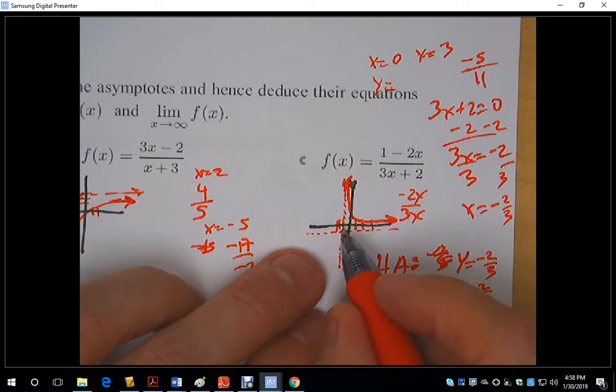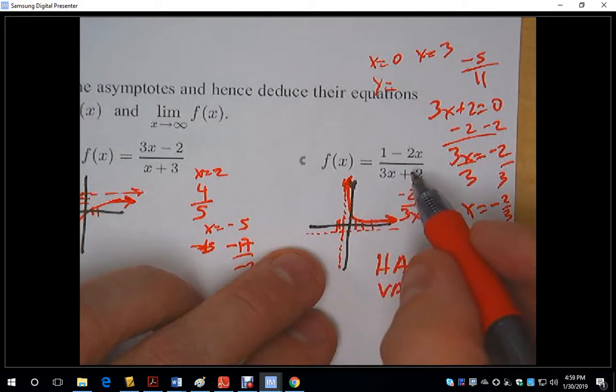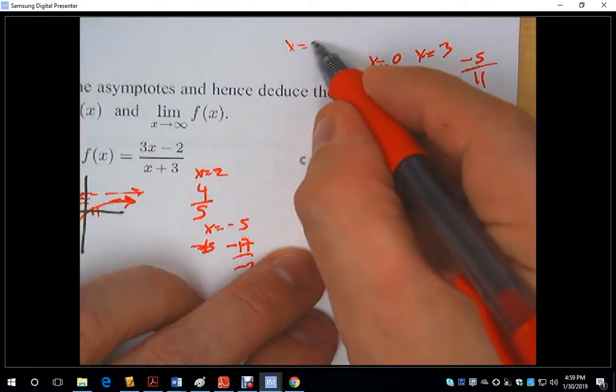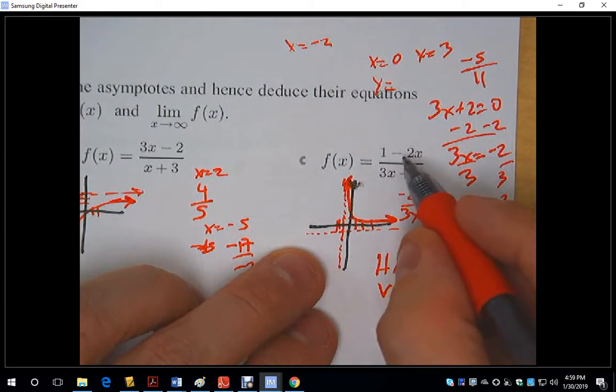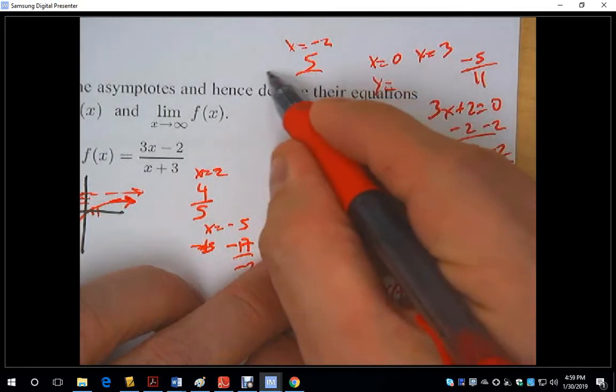And then we'll do the same thing over here. We'll find something super close, so it's easier to find. How about -2? So we'll plug in -2 when x is -2. Then -2 times -2 gives me a 4. 4 plus 1 is 5, my y value.